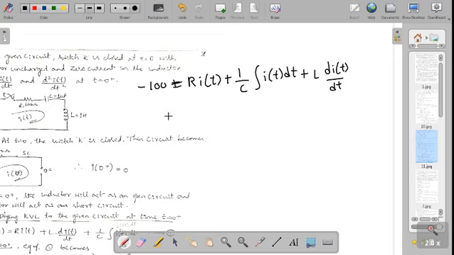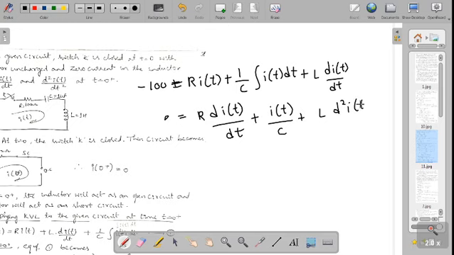The derivative of the voltage, which is constant, equals 0. So that is R into di of t divided by dt plus 1 by C, derivative and integration get cancelled, so it will be I of t divided by C, plus L into d square I of t divided by dt square.